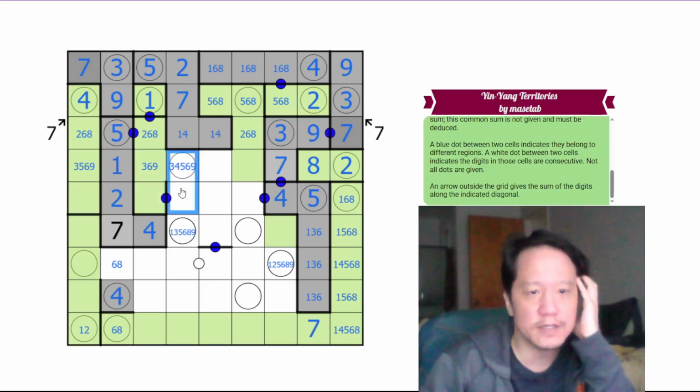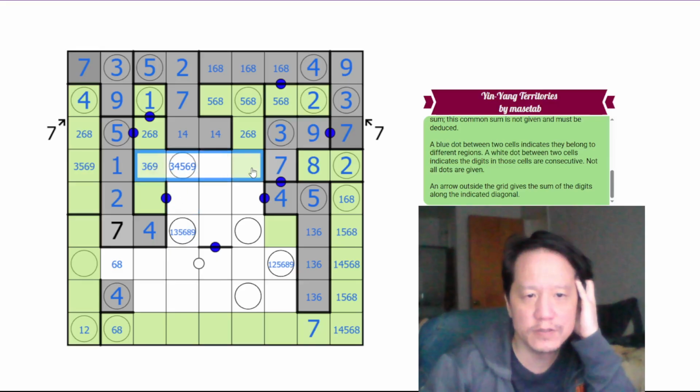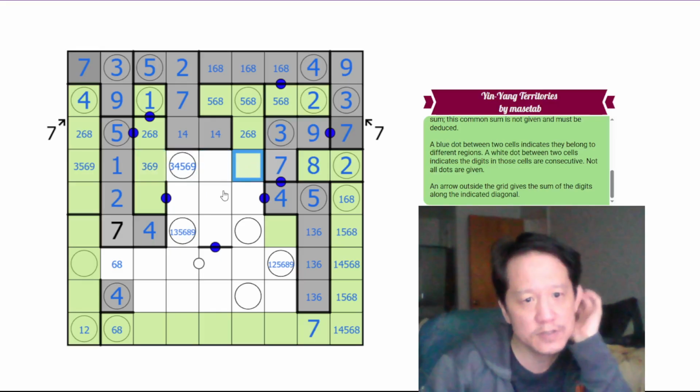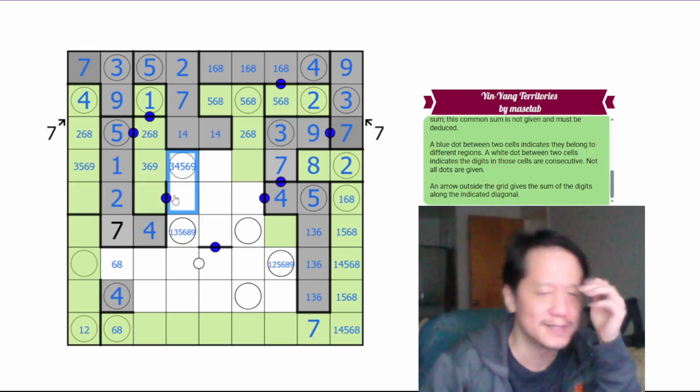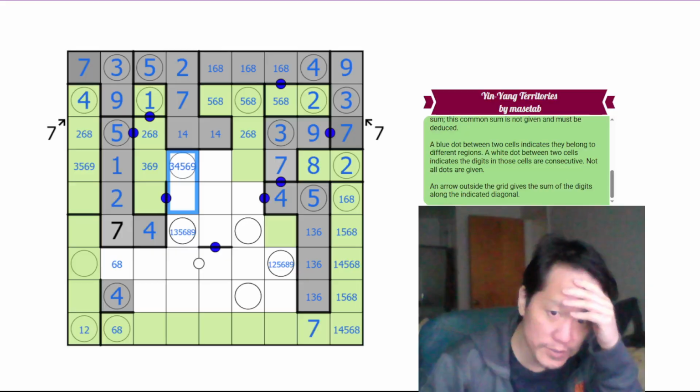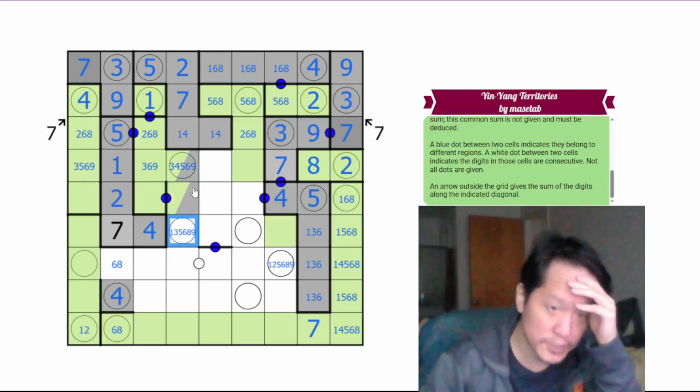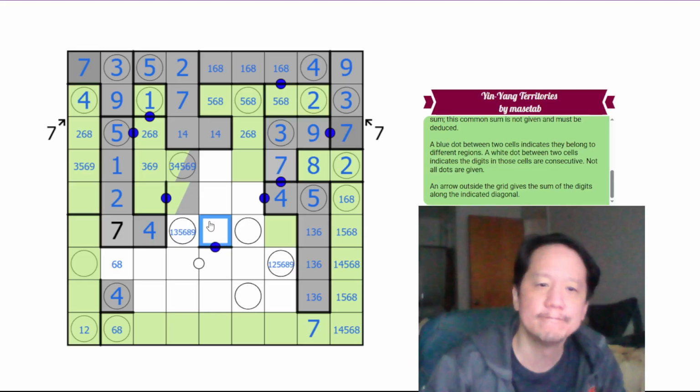One of these at least must be shaded, and the other one must be unshaded. Because it must be shaded to connect to the rest of the green cells. And the other one must be unshaded because then we'd have 3 unshaded cells here, which means the last cell must be shaded. So this is also a green shaded combination.